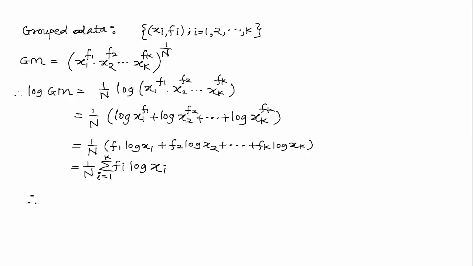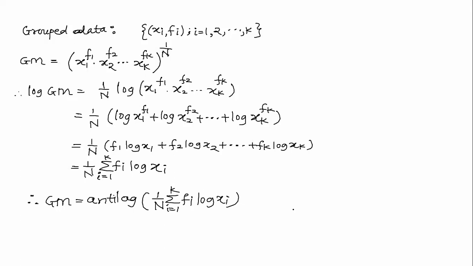And therefore geometric mean is equal to antilog of 1 upon capital N summation fi times log of xi from 1 to k. So this is the formula, and we are very close to reaching the 60 minutes.